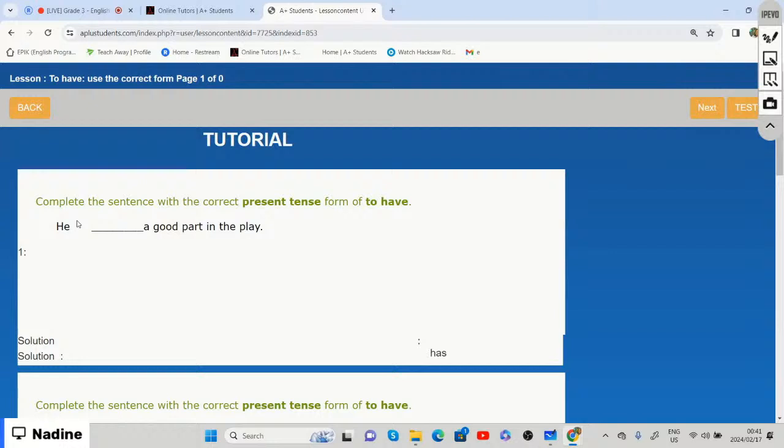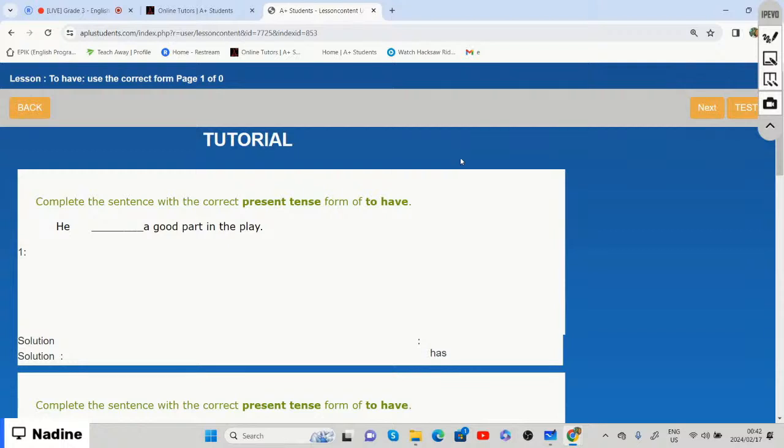Here it says, complete the sentence with the correct present tense form of to have. So complete the sentence with the correct present tense form of to have.